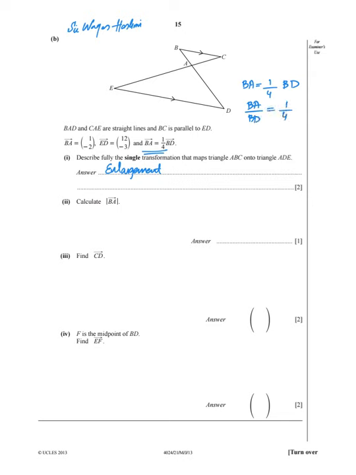So if BA is 1, then BD equals 4. So A to D is 3, right? So it is an enlargement with the scale factor of minus 3 because the shape is inverted, and the center of enlargement is point A. That is your first part answer.